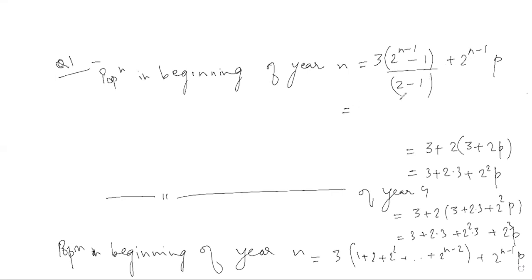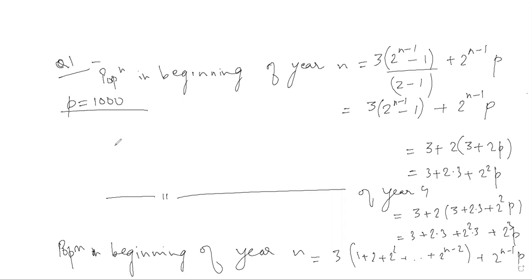Okay, so 2 minus 1 will become 1. So this becomes 3 times (2 raised to n minus 1 minus 1) plus 2 raised to n minus 1 into p. So this is the expression that we get for population in the beginning of year n. Now we are given the value of p as 1000.